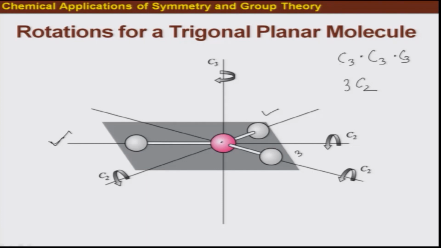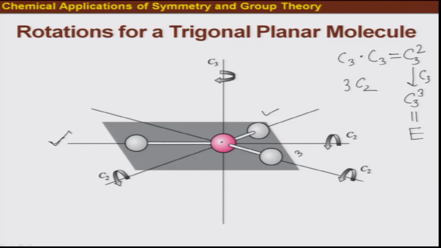If you do two successive C3s, then you have something called C3 squared. We will talk about these things much later. Similarly, you add one more C3 into this, and you have C3 cubed, which again is nothing but the identity operation. We have already discussed that.